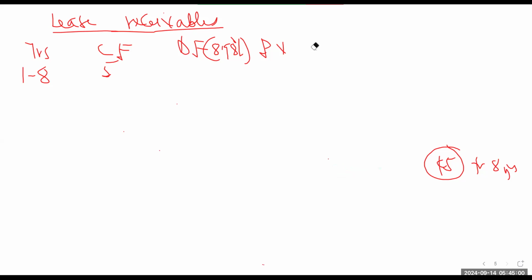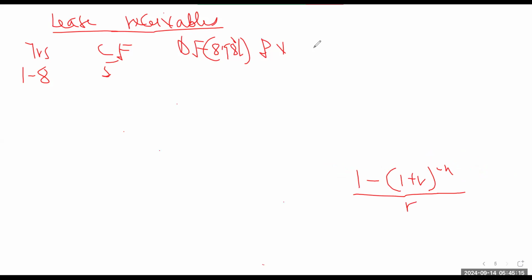So let's calculate the annuity factor. How do we calculate the annuity factor? The annuity factor is calculated as 1 minus, in bracket, 1 plus R exponent negative N, divided by R. For you, they are going to give you this in the exam hall. They will give you the annuity table. They will provide you with the information on the discounting factor and also the annuity factor.